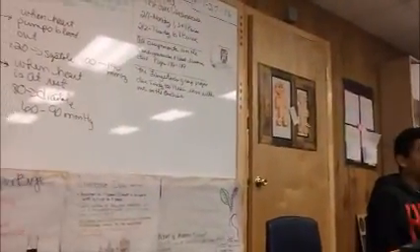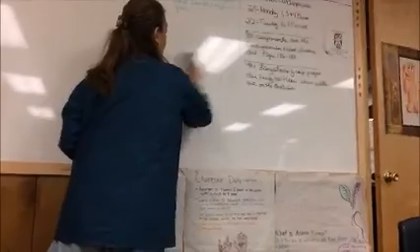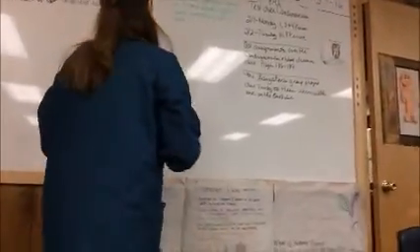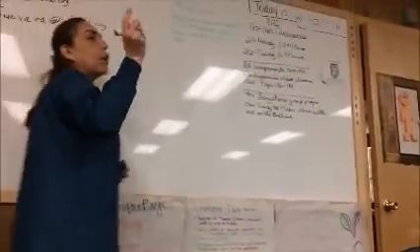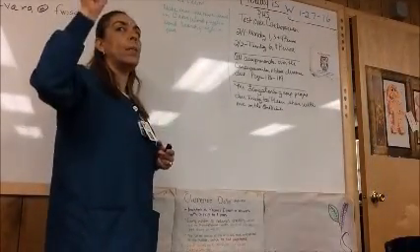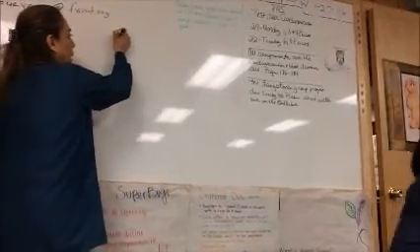All right, so let me show you on the board real quick what I'm talking about. I'm going to erase this right here. You can tell when you're using a combining vowel because your words are going to look like this.